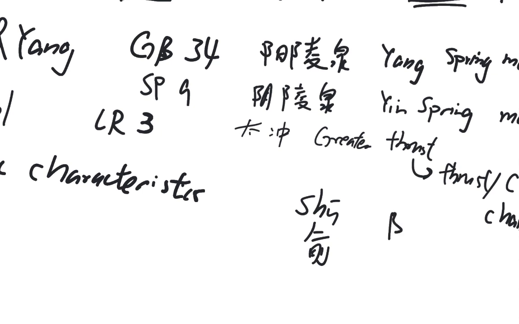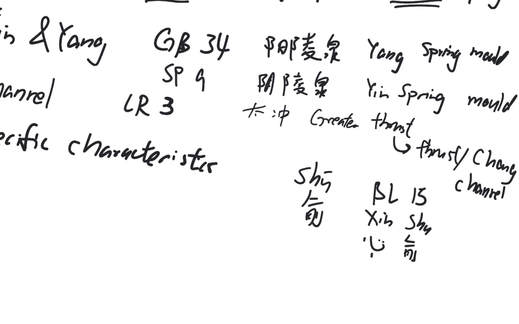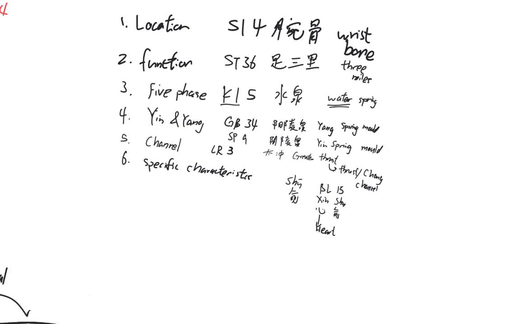For example, bladder 15 equals xin shu. Xin means heart. So all the back-shu points, whenever you see an organ, a zang or fu plus a shu, it's a back-shu point corresponding to that organ.